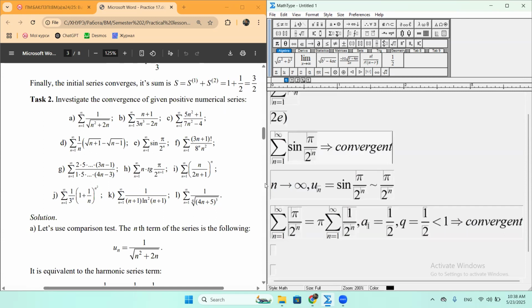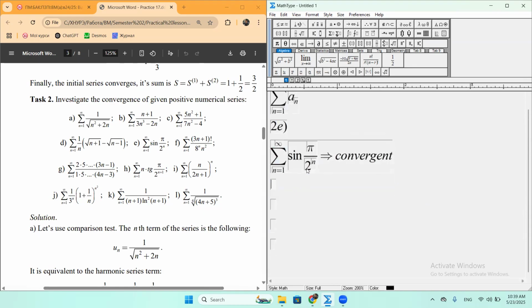No, no. Okay, now continuing. In the next exercise we have the following series: 3n plus 1 factorial over 8 in power of n square.